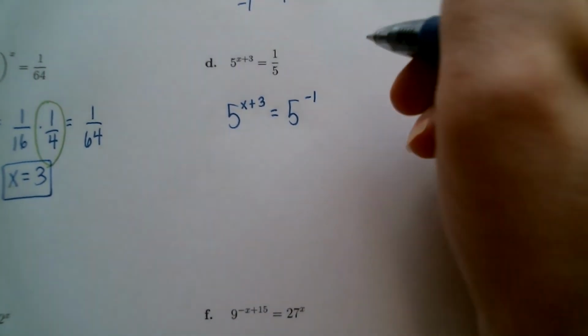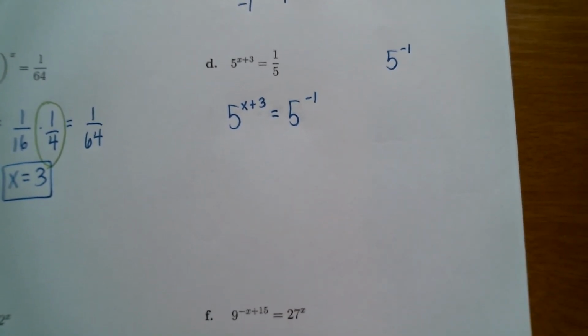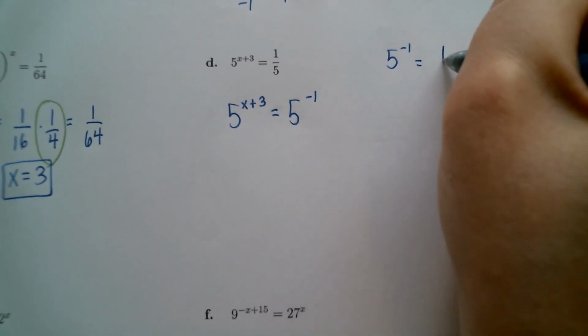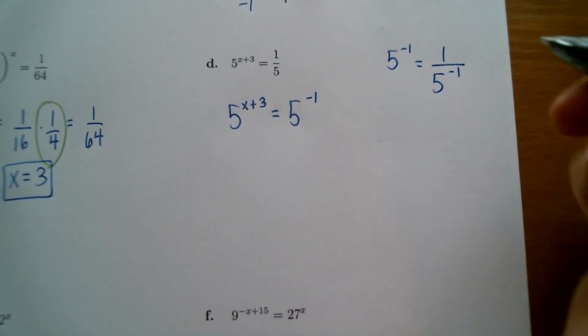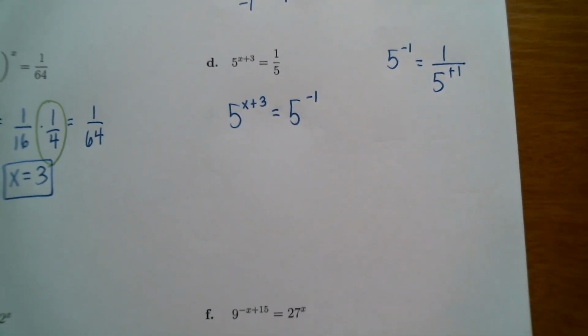Remember what negative powers do. If you have 5 to the negative 1 and you want to eliminate that negative power, you do 1 over the something and change the sign of the exponent. So 5 to the negative 1 is the same as 1/5.